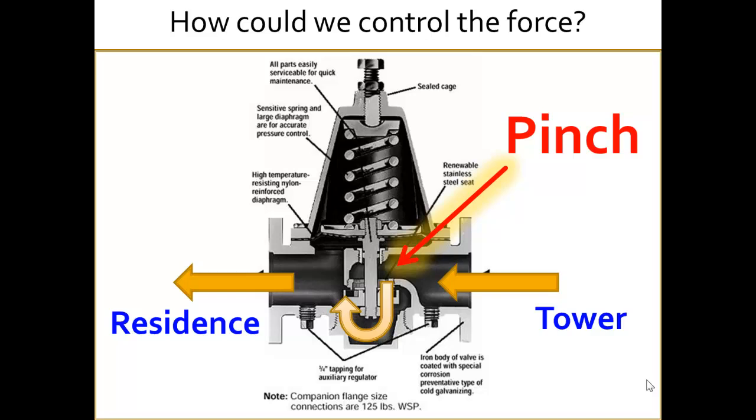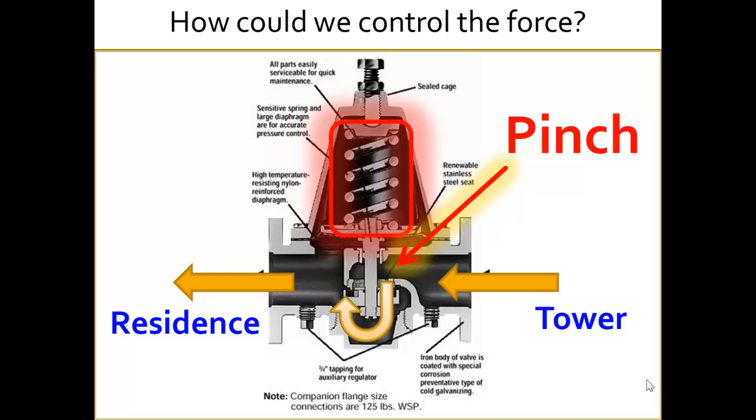So when you open a valve in your house, the water starts to flow out of the residence side of this regulator, the pressure drops, the spring takes over and forces open the valve, the tower sends more water in, and so it's always a balance between the backed up water pressure from your house on the residence side of this, up against the spring tension. So the adjustment of the spring determines how much water pressure you're going to get. It's a regulator, it regulates pressure.